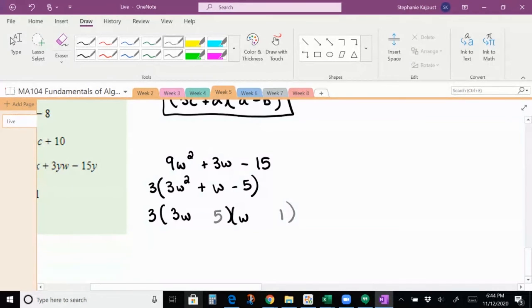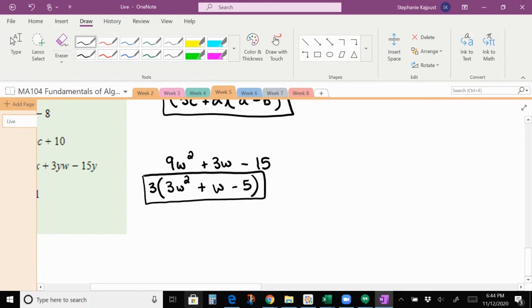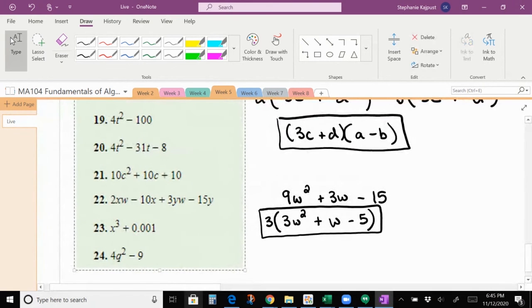That doesn't work. Sometimes you have to think about it and be like, well, wait a minute. If that's the case, then the trinomial that we have in parentheses is considered prime, but we were able to factor because we have the 3 in front.